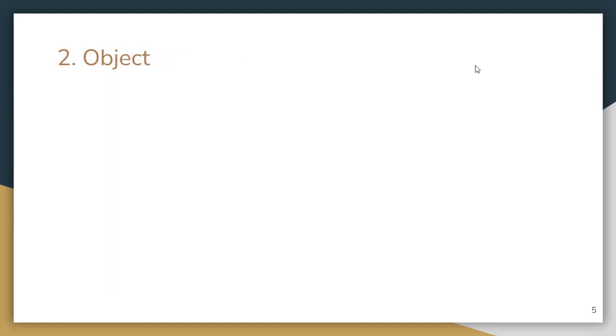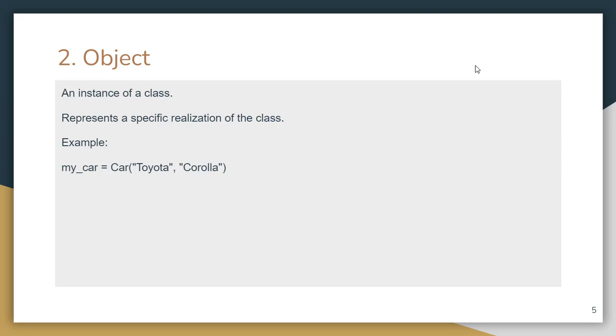Next is object. An object is an instance of a class. It represents a specific realization of the class. Example: my_car is an object of class Car, and inside Car we provide 2 parameters, Toyota and Corolla. Here Toyota is the brand and Corolla is the model.